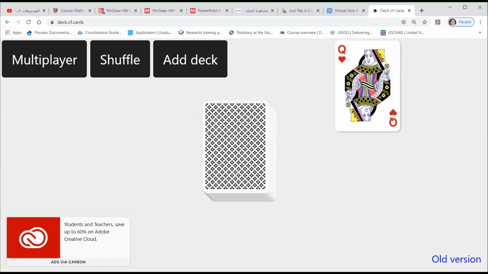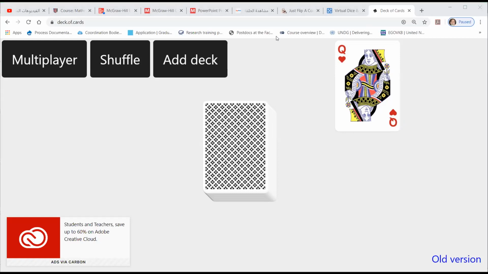Why is that? Because I have already drawn one of the red queens. So the question is not what's the probability of getting a red queen. No, the question is what is the probability of getting a red queen given that one of the red queens already has been drawn. Okay, this is called a conditional probability.